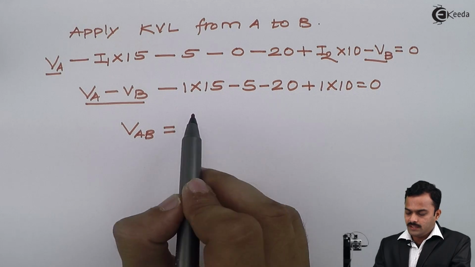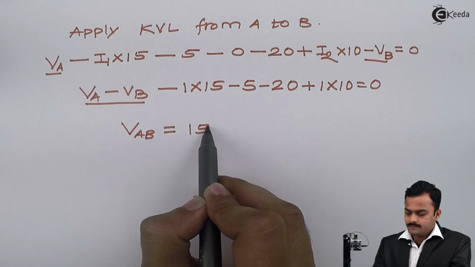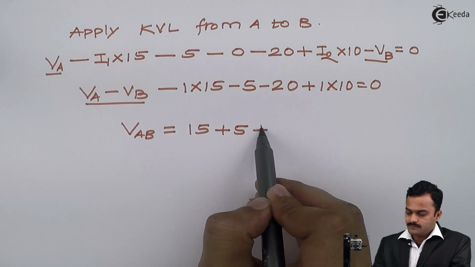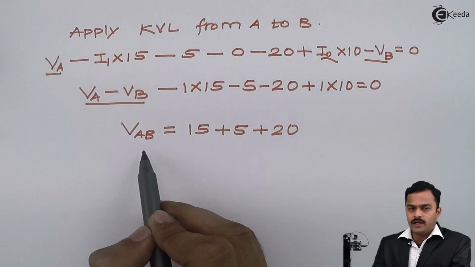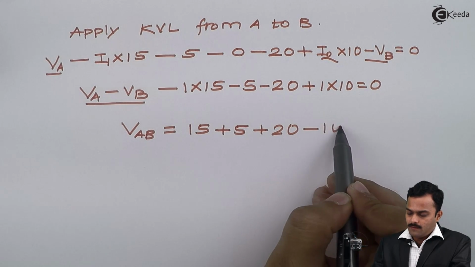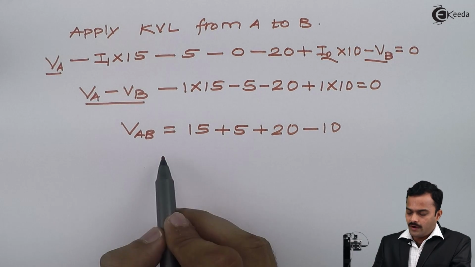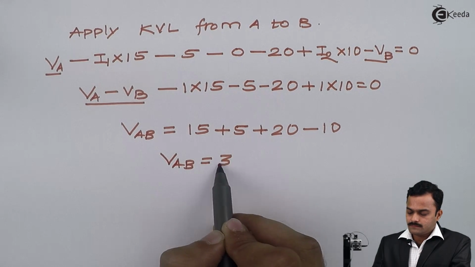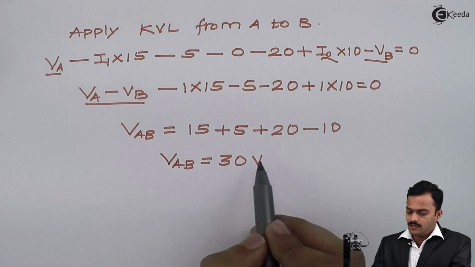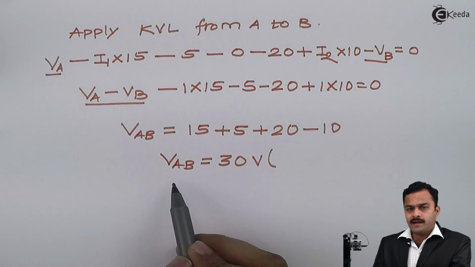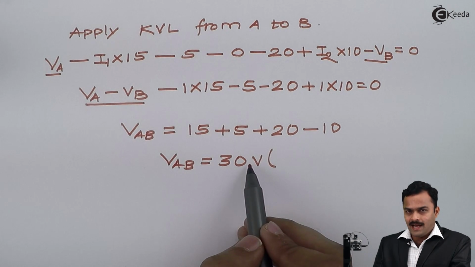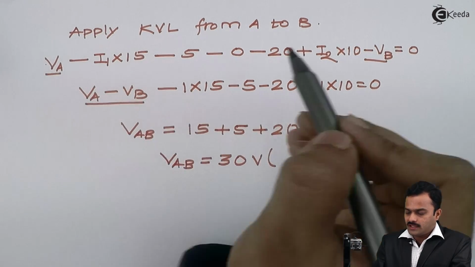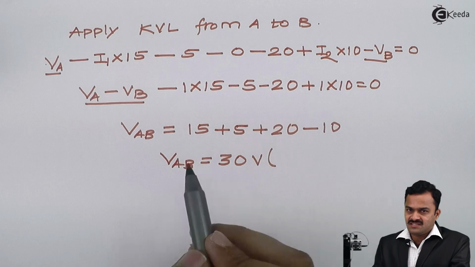So after solving this, I will get 15 plus 5 plus 20 minus 10. After solving this, I will get VAB as 30 volt, and since I am getting a positive answer, that means I have assumed A is at higher potential compared to B, which is correct.